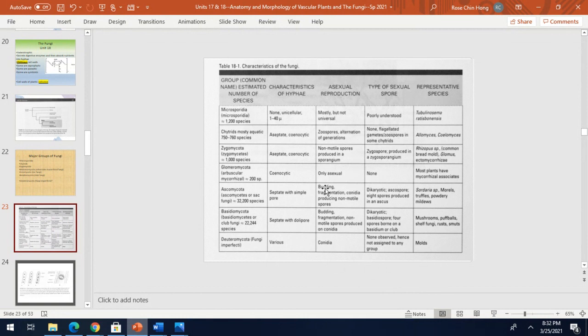For example, we will not talk about microsporidia as much. We won't even talk about it in this recitation. However, we will talk of the others, which will be the chytrids, zygomycota, the glomeromycota, ascomycota, basidiomycota, and deuteromycota.